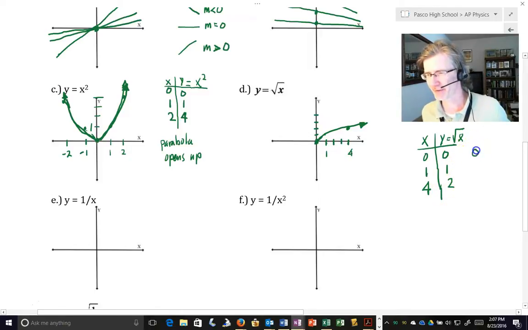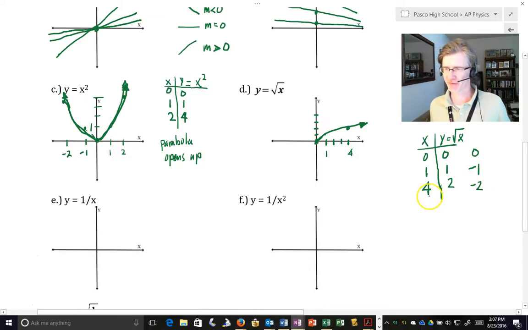So the answers here are also 0, negative 1, and negative 2, which means that negative 2 squared equals 4. Or the square root of 4 is plus or minus 2. The square root of 1 is 1 or negative 1, positive or negative 1, and the square root of 0 is always 0.